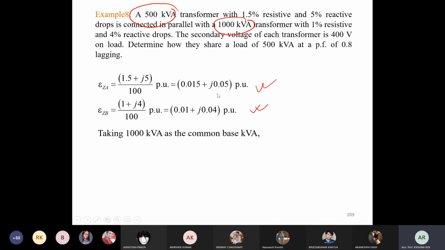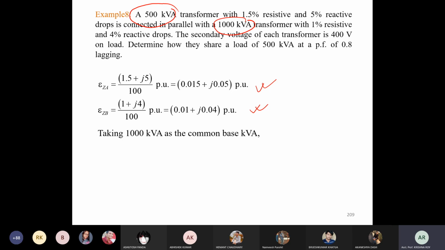Now taking 1000 kVA as the common base, to calculate the per unit leakage impedance of the two transformers we need one common base, because these two transformers are connected in parallel, so they will make one system. So all the calculations have to be done with one common base.